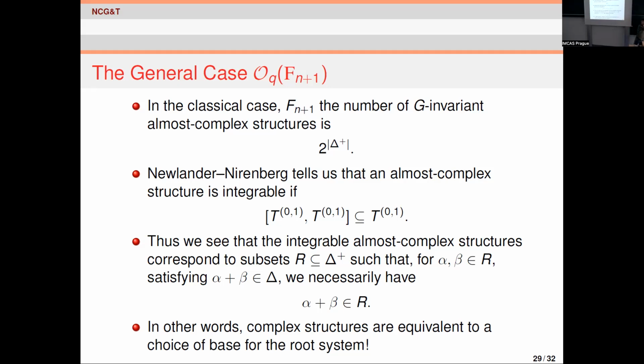Then you're in combinatorics, and you can use the combinatorics to classify the original Lie groups in this very beautiful result. The root system is the tool in the classification, or even the study, of the algebras. A base is an analog of a basis for a vector space. And it turns out that these are equivalent to the integrable almost complex structures on these flag manifolds.